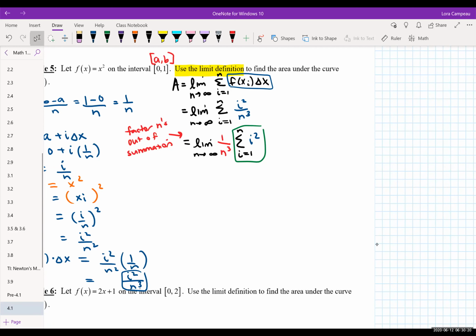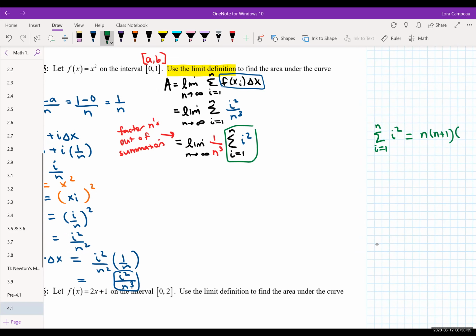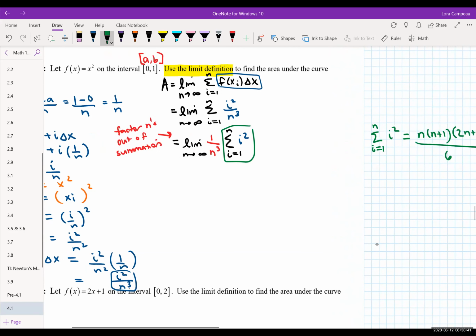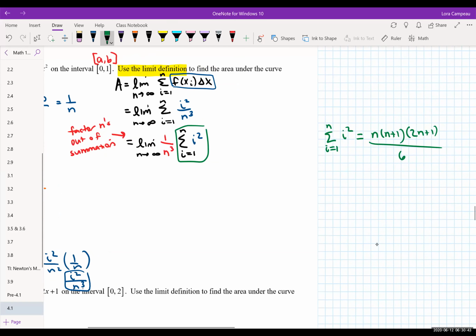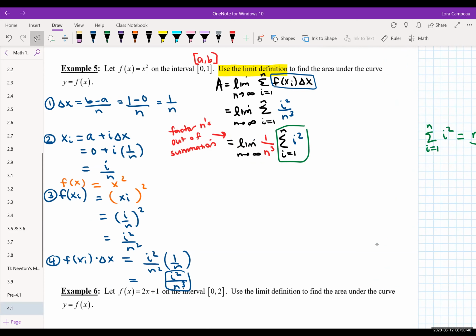You may want to note off to the side, summation of i equals 1 to n of i squared. What is that? n times n plus 1 times 2n plus 1, all over 6. So that's why we have to have these down. We have to memorize them a bit.